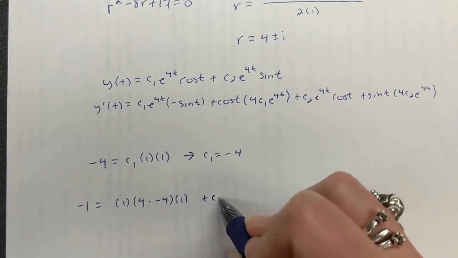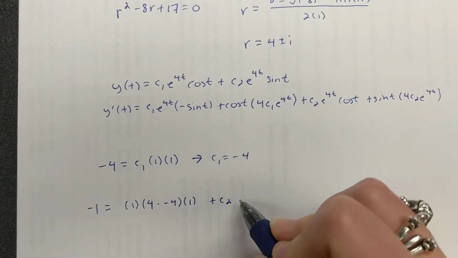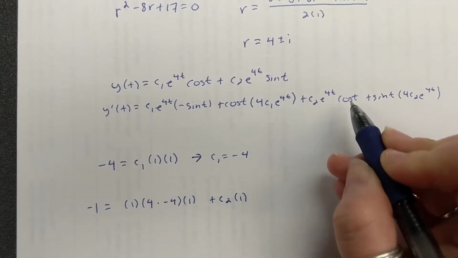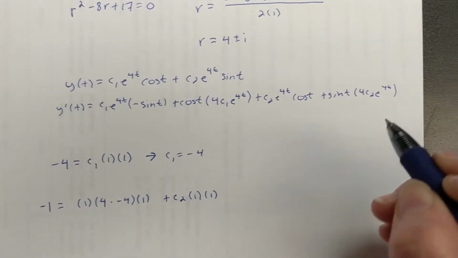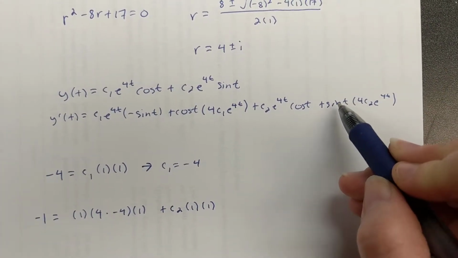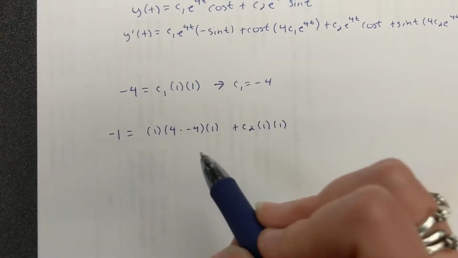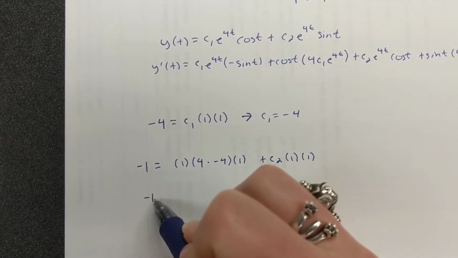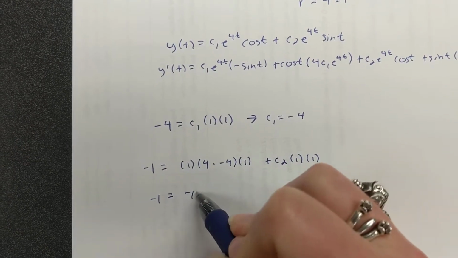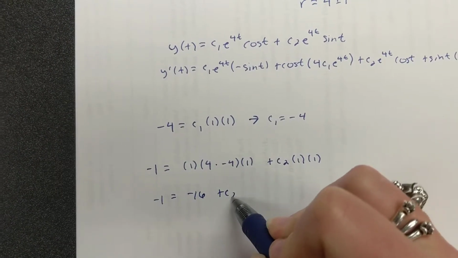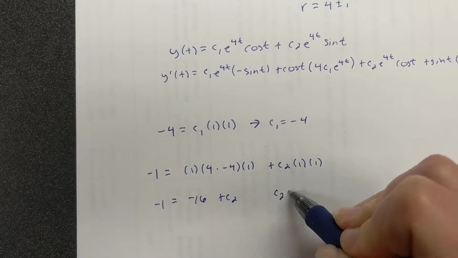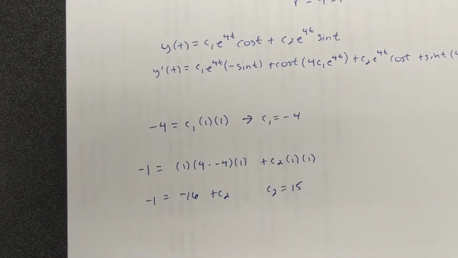Now I've got this piece. I have c2 e to the 4t, or e to the 4 times 0 is going to be a 1, and then cosine of 0 is 1. This last piece, since it's associated with a sine, is also going to be 0 because sine of 0 is 0. So I'm left with this lovely thing. I've got negative 1 is equal to negative 16 plus c2, which means that c2 is equal to 15.